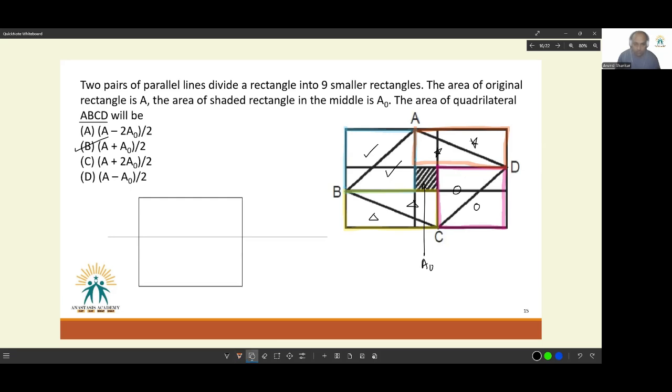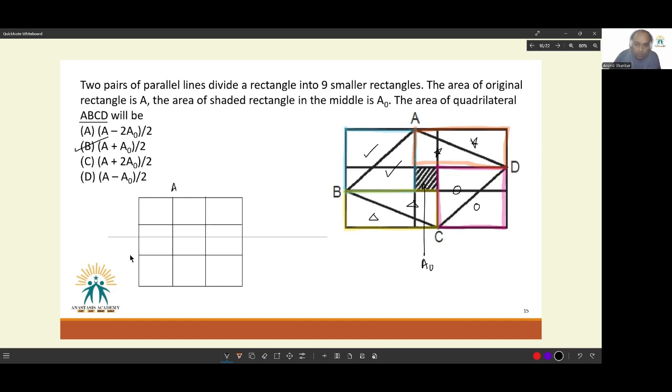Let me make a square. Keep all these lines very symmetrical. Now, what would happen?